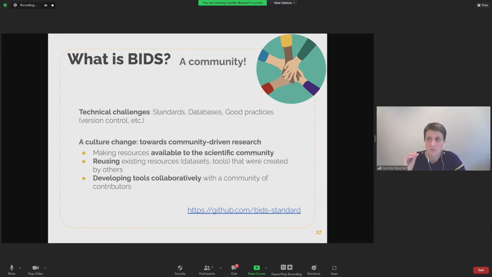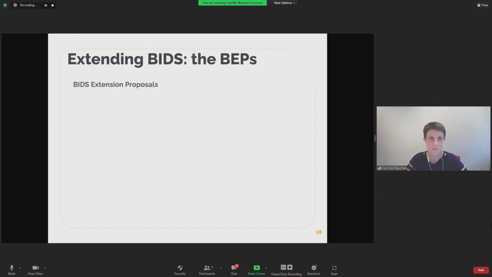But I think what's really important about BIDS is the community behind it, and not BIDS alone, but the research community in general, with hackathons and open science, is going through a culture change, going towards more community-driven research. And BIDS is really an enabler in that context. An enabler because it helps interoperability, but it also helps building new tools that can be created collaboratively across different labs, rather than having just a single lab focusing on the tool.